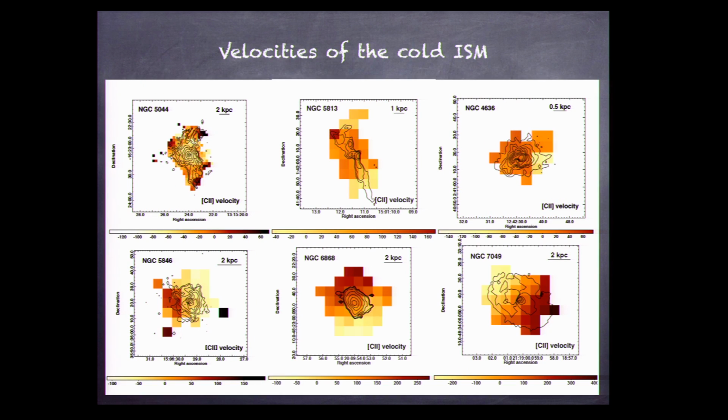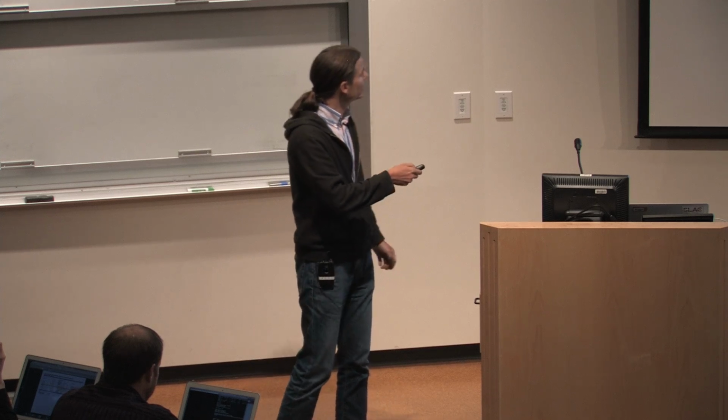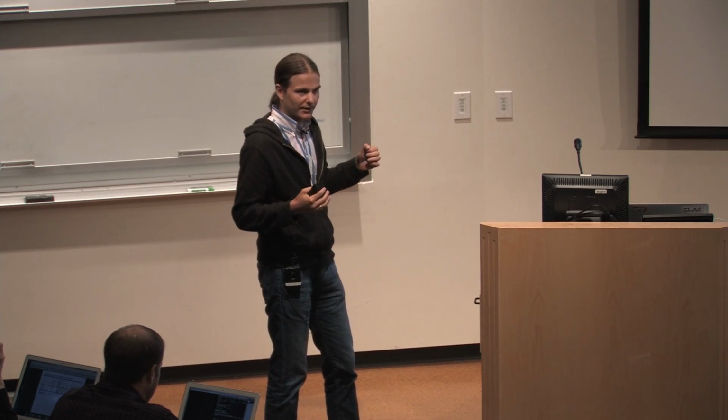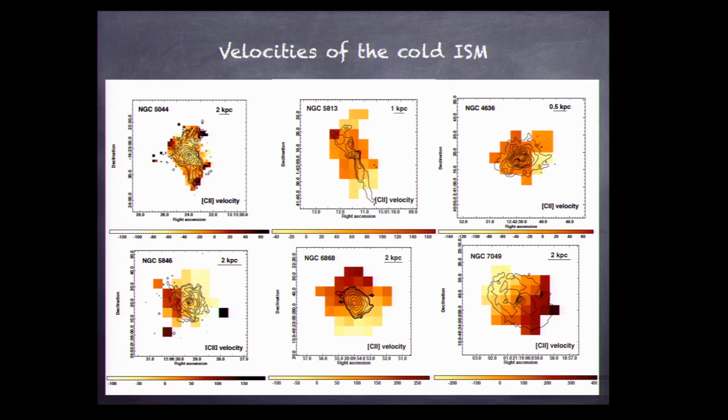The good thing with Herschel, we could also measure the velocities. And in systems with filamentary morphology, at first the velocity distribution seems more chaotic because these filaments are interacting with the radio bubbles from the AGN.